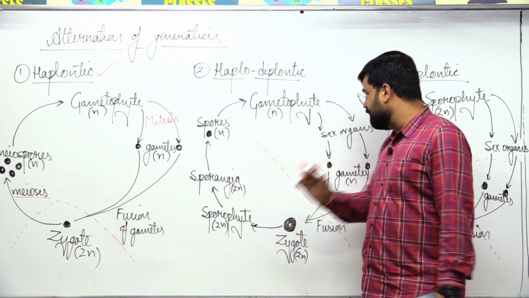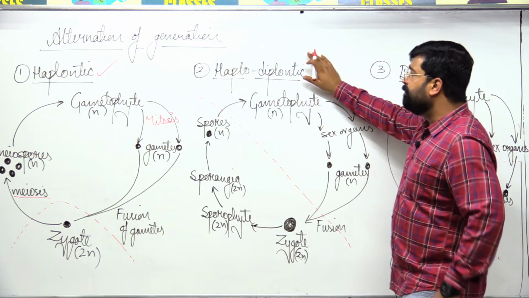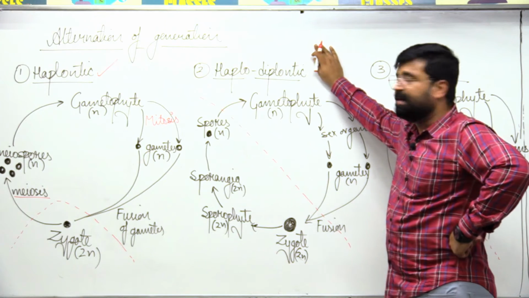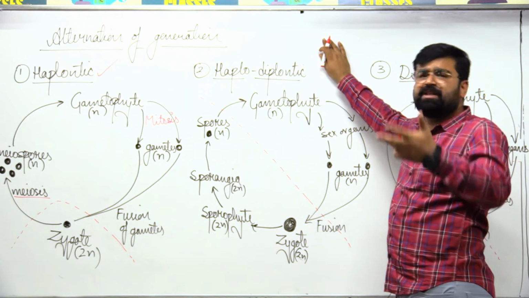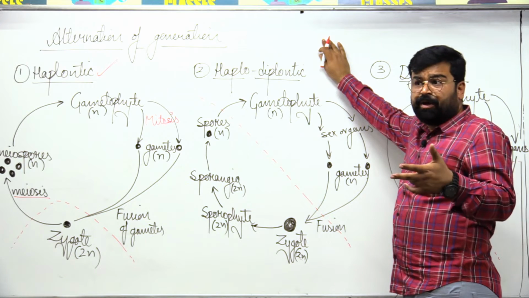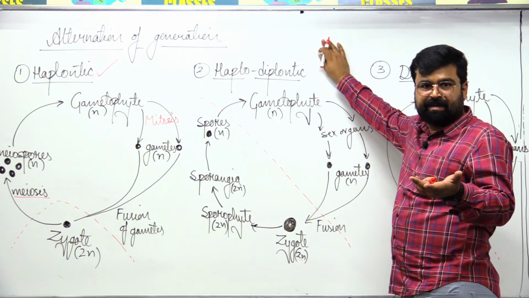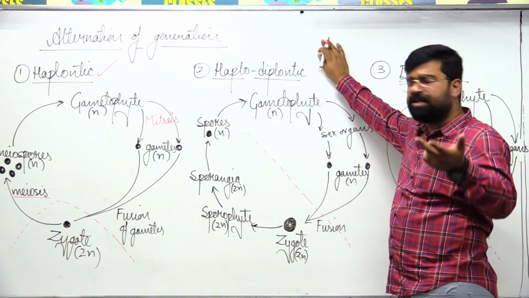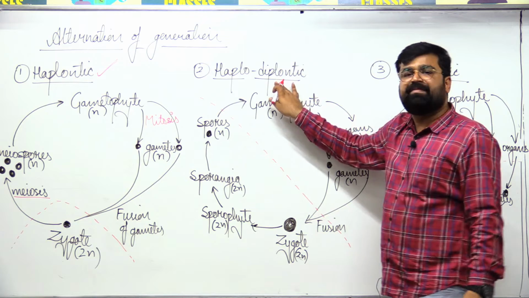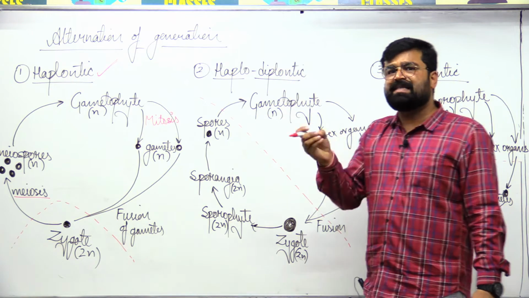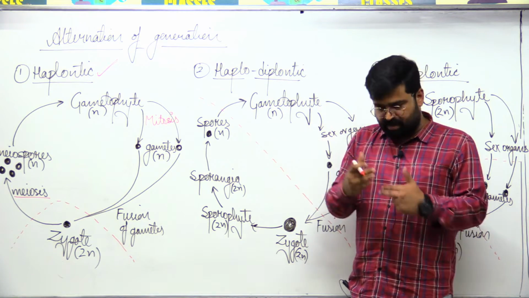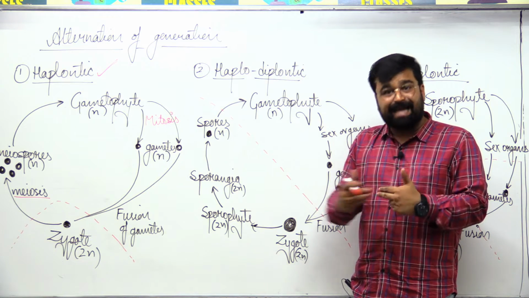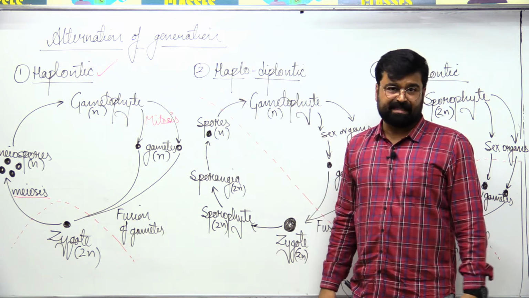Now if both are present, we cannot differentiate on the basis of dominance. In general, the definition of haplodiplontic doesn't concern the dominance or the duration of the phase.